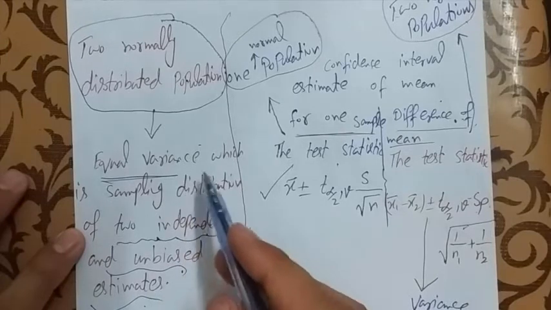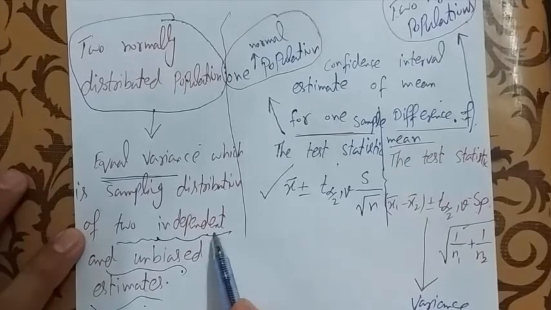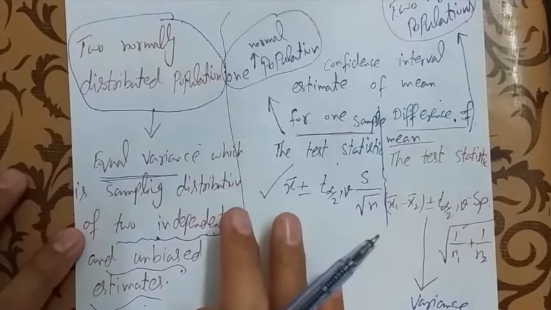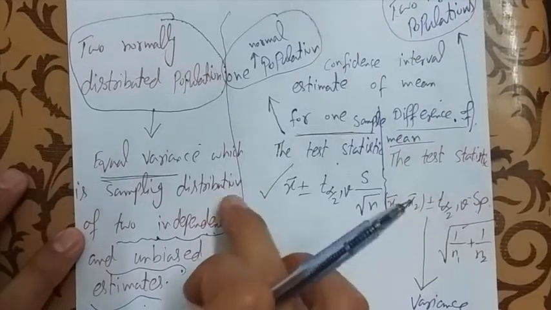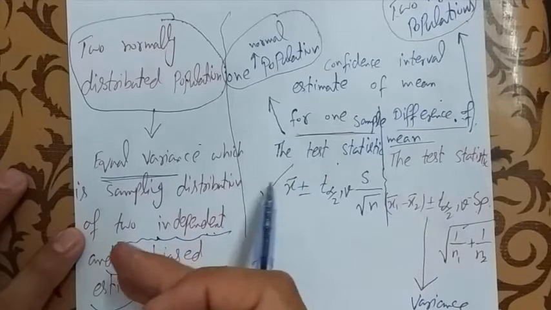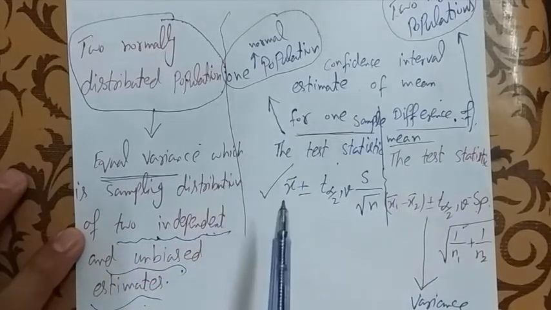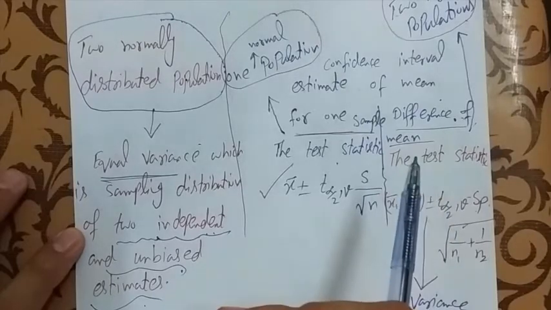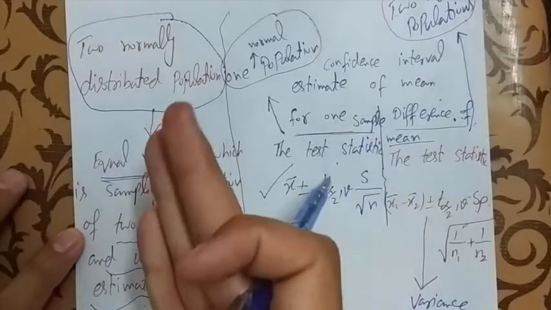Both variances are independent and unbiased estimates. On this basis we build up one test statistic that is known as the F distribution.